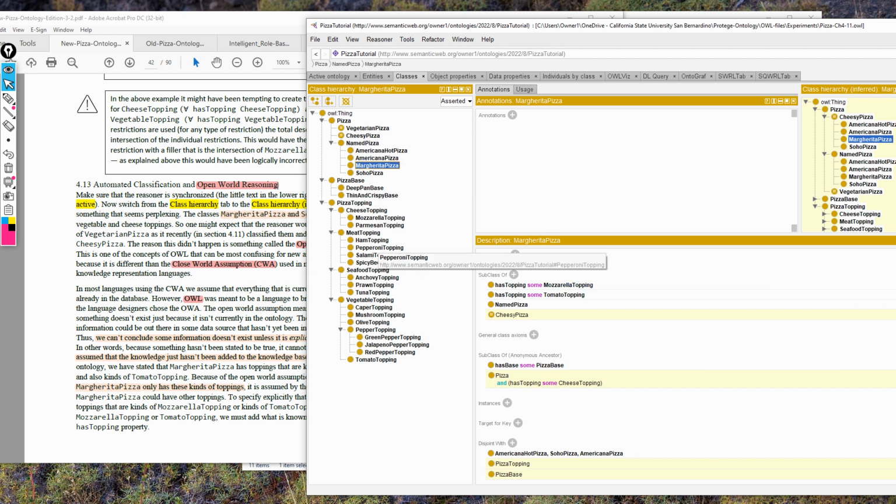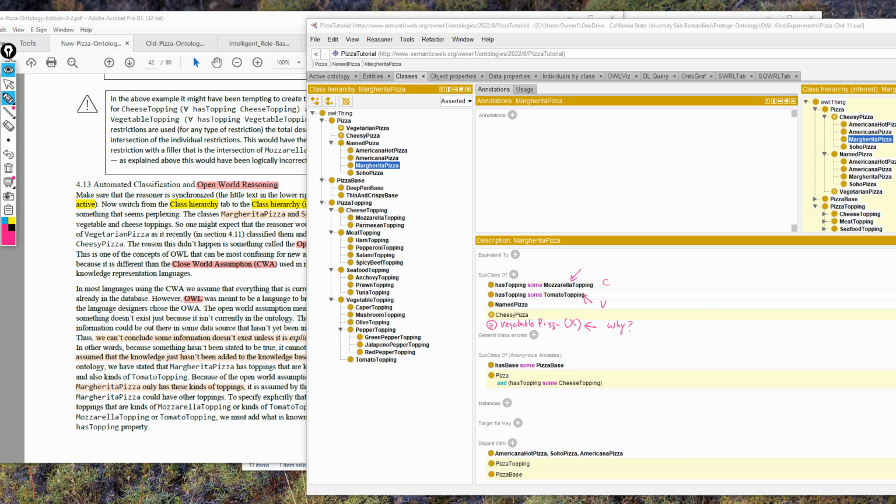You would expect to see something like vegetarian pizza, but you don't see this. Why? It has cheese topping and it has vegetable topping, so it seems that it satisfies the definition of the vegetarian pizza, but you don't see this. What is the reason? Why?